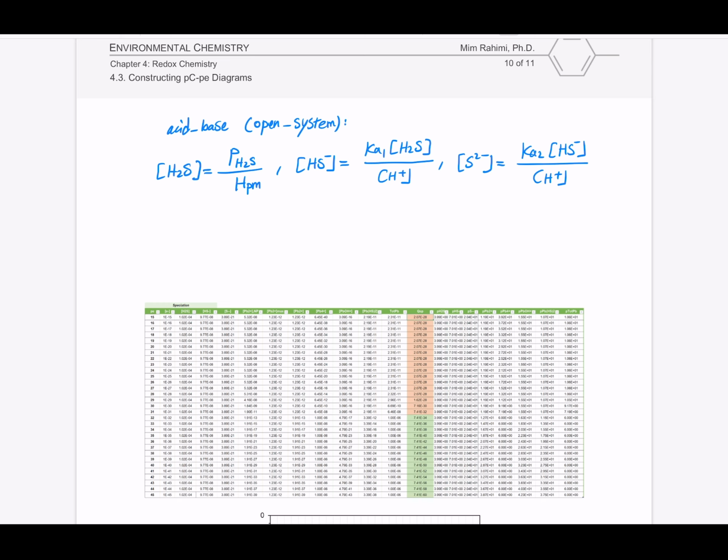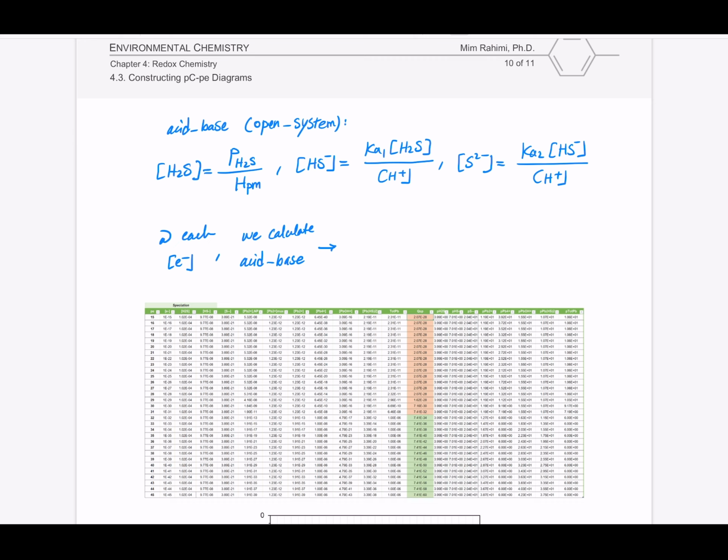So now that we have speciation for all the species, then it would be pretty straightforward. The approach would be at each concentration of the electron, then we calculate acid base. As we talked about, this is not actually needed. This is always constant. So it's just for the sake of the pipeline.